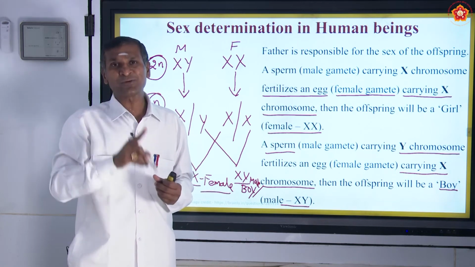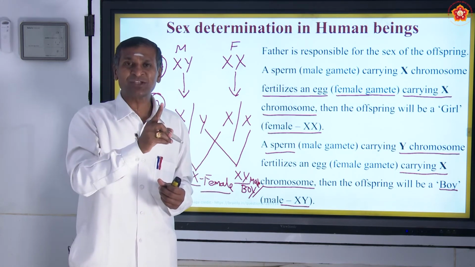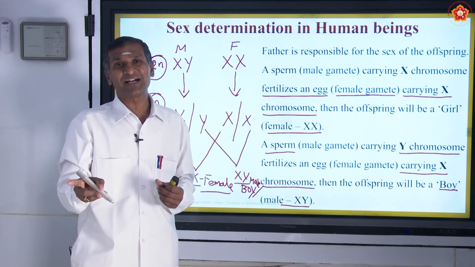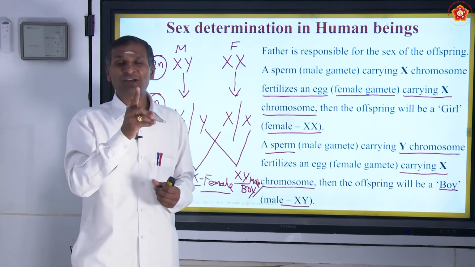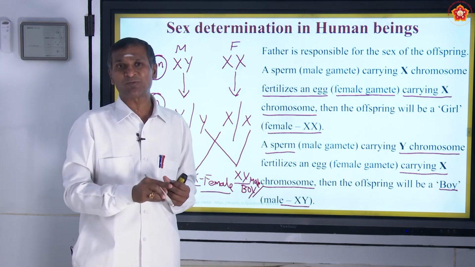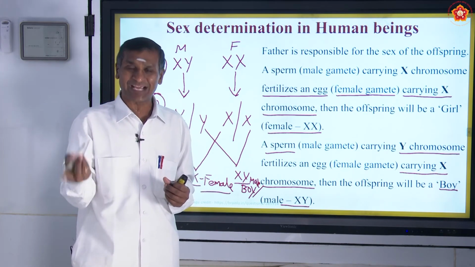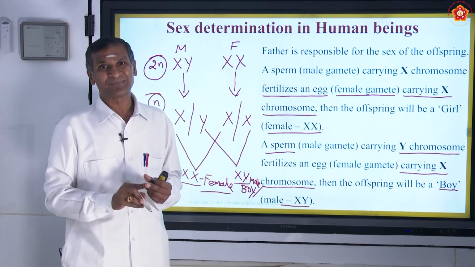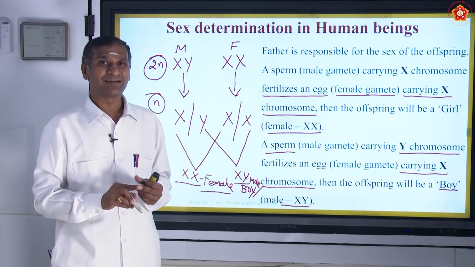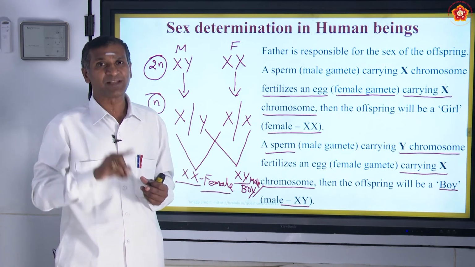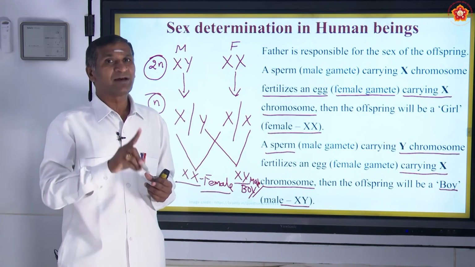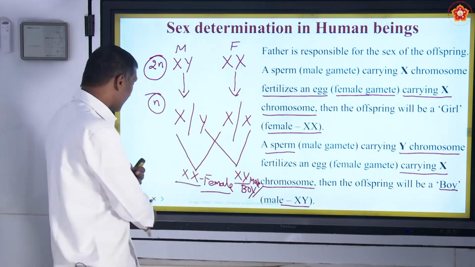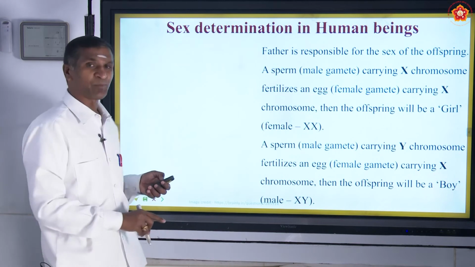So on fusion, if the matured X of the male combines with X of the female, then the born child will be female. If the matured Y chromosome of male combines with X of the female, it is XY. Then the born child will be male. So father is responsible, male is responsible, and not the female or the mother. Dear students, I hope it is understood.